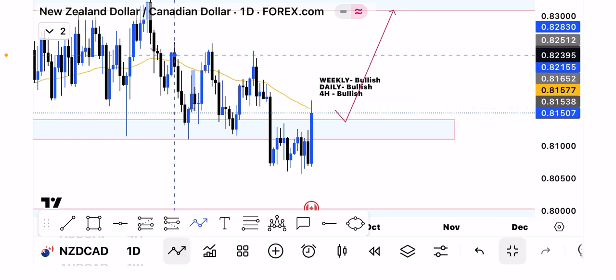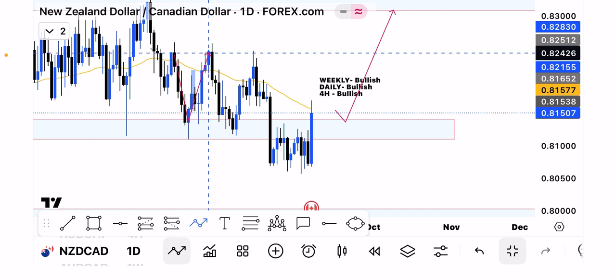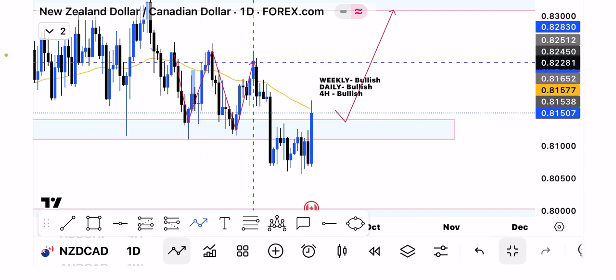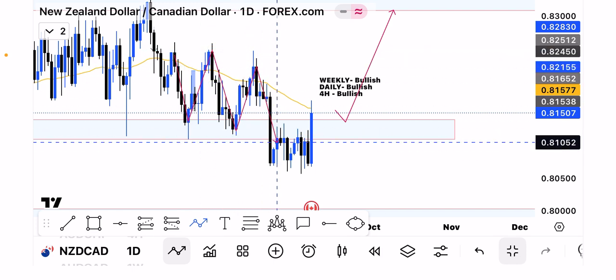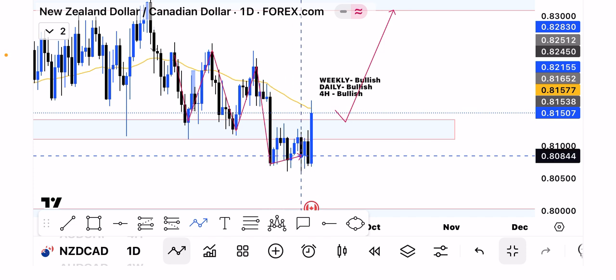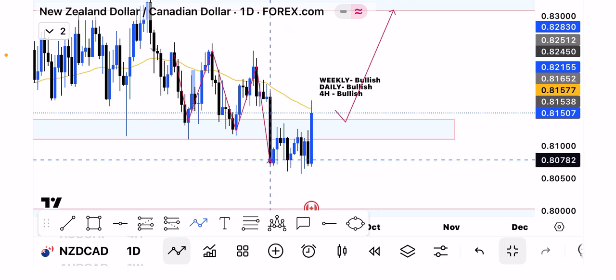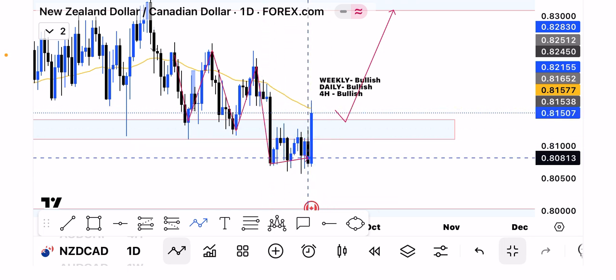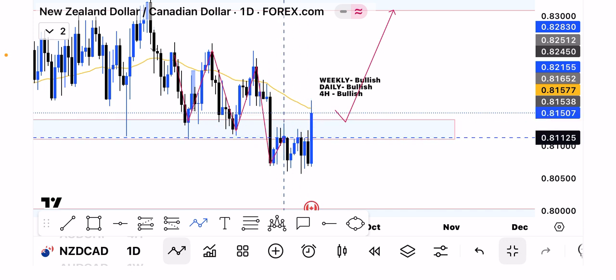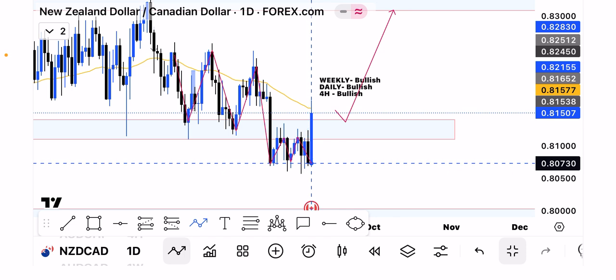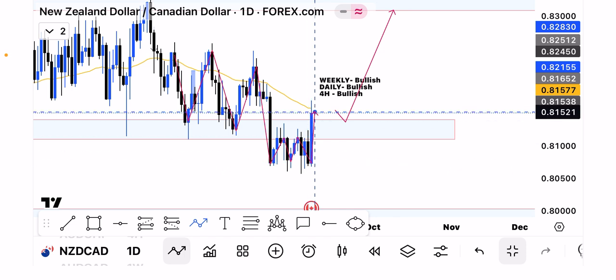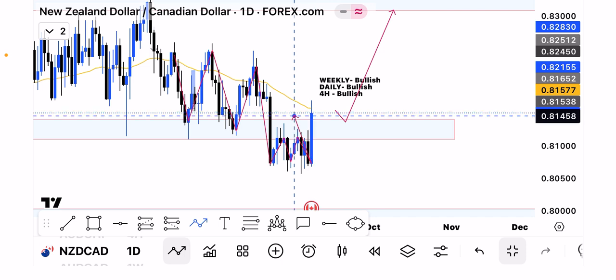On the daily we are bullish. Price is creating lower high, lower low, lower high, lower low, lower high, lower low. But if you notice, this candle here closed below this one, causing more like a W pattern here. Yes, here.